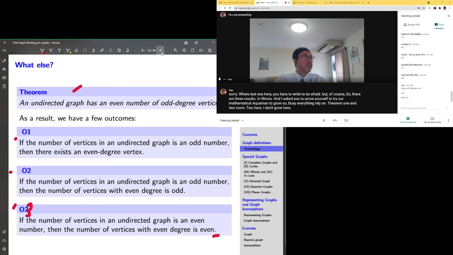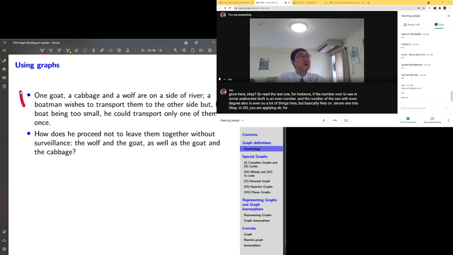For the first practical problem in real life, we consider a traditional problem from your high school, perhaps you know it before. There are three entities, okay? A goat, a cabbage, and a wolf. They are on the same side of a river.